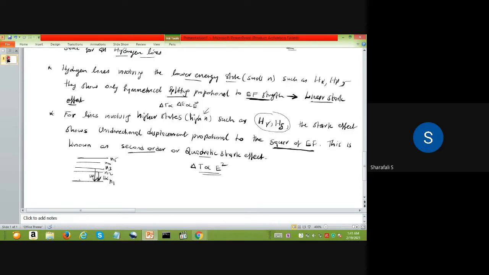But when you consider these small values of N1 and N2, you will have delta T proportional to the electric field.